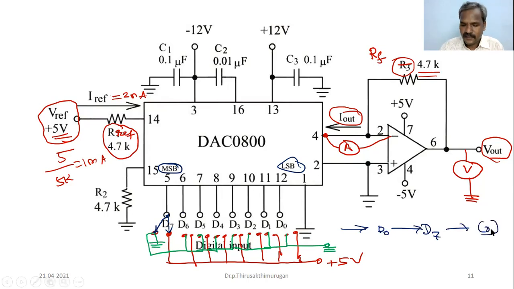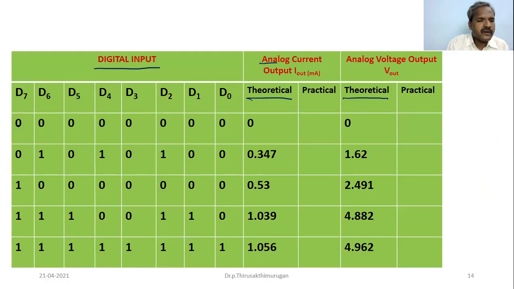When all the digital inputs are 0, check the output voltage. The current also should be 0. The voltage output also 0. Let's see in the tabular column. When D0 to D7 are 0, the theoretical current output is 0, theoretical voltage output also 0.